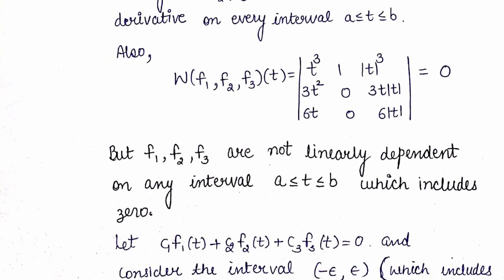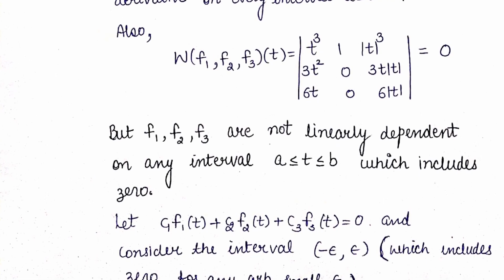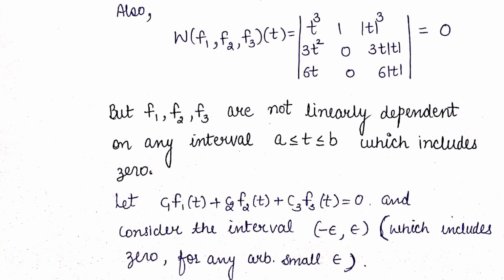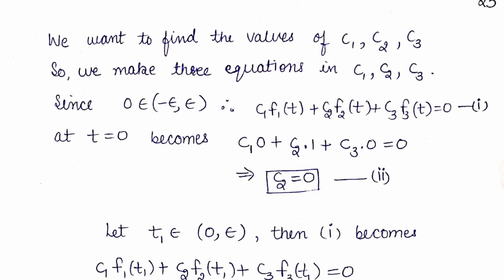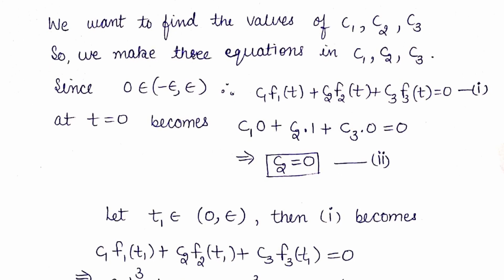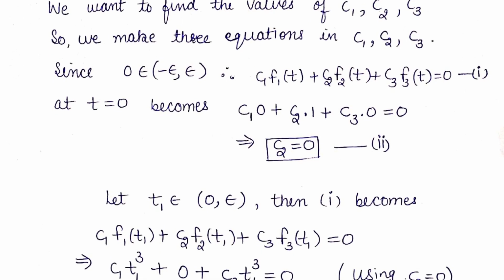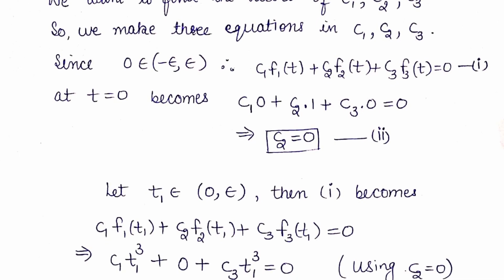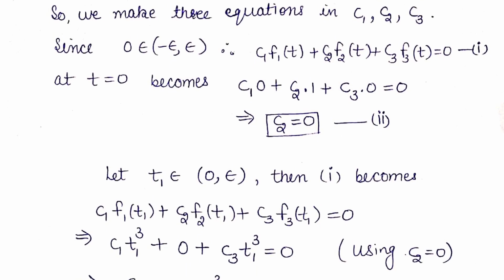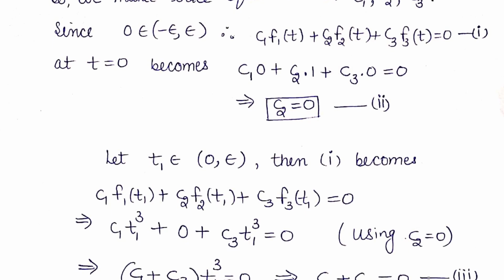Let C1 f1(t) plus C2 f2(t) plus C3 f3(t) be equal to 0, and consider a small interval from minus epsilon to epsilon around 0. Now, in order to prove f1, f2, f3 are not linearly dependent, we have to find C1, C2, C3 and we will prove that the values of C1, C2, C3 come out to be 0. So we make three equations in C1, C2, C3 because there are three unknowns.